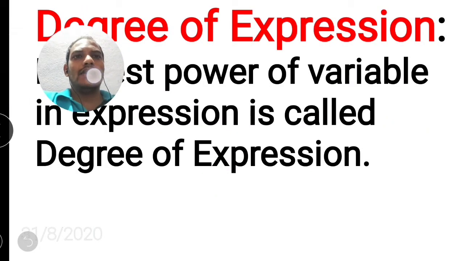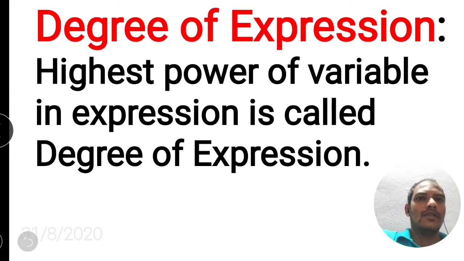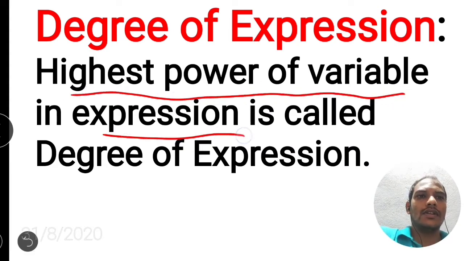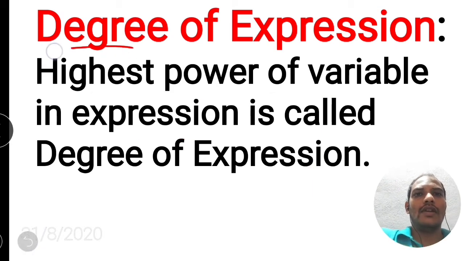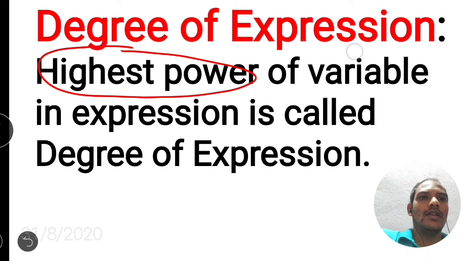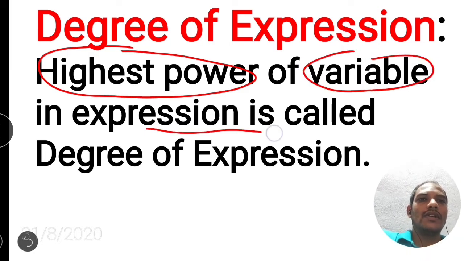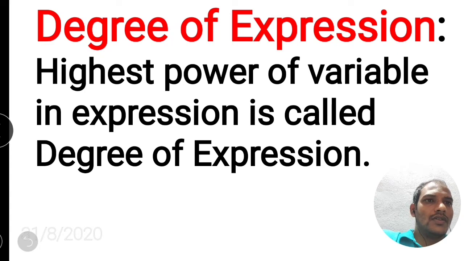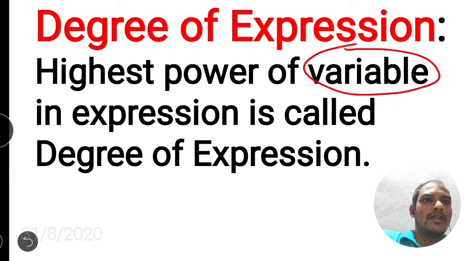The first topic is degree of an expression. The highest power of a variable in an expression is called the degree of an expression. Do you know about the variable?